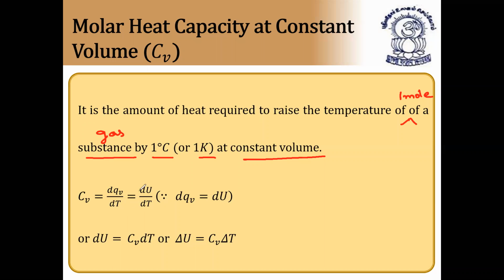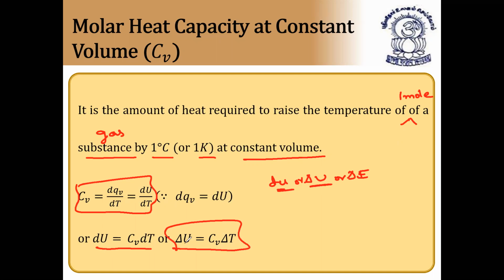So Cv is equal to dU by dT, where dU is the change in internal energy. This formula is very important. dU, delta U or delta E are all the same, that is the change in internal energy. So dU is equal to Cv dT, or delta U is equal to Cv delta T. This type of numericals is most important.